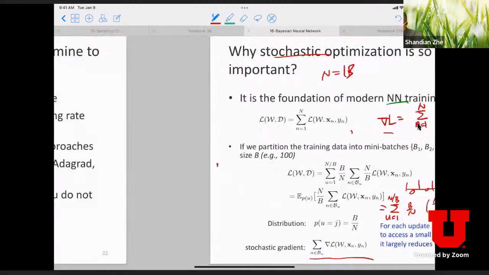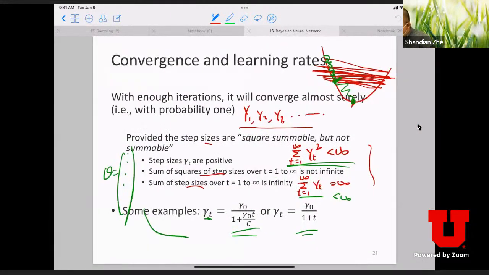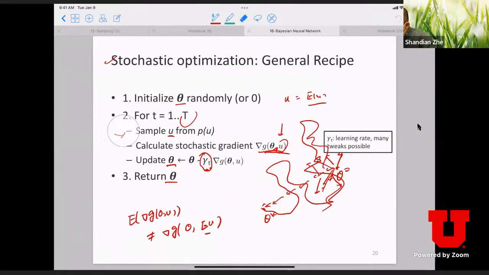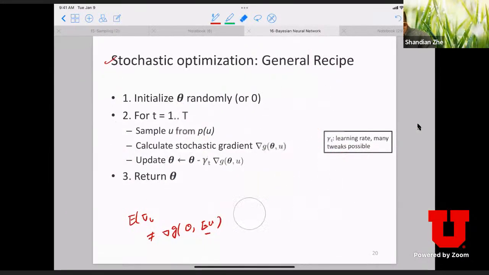Great. So if you apply the stochastic mini batch optimization in general, that's how we train neural networks. In this step, it becomes: sample a mini batch, and then we calculate the stochastic gradient under the mini batch, which is essentially to calculate the loss of the training examples in that mini batch and calculate the gradient.